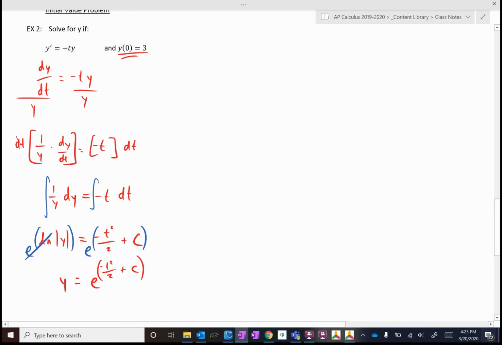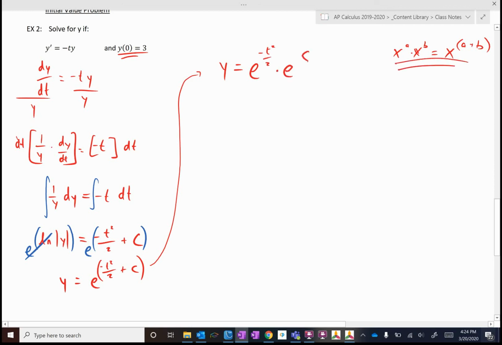When I multiply like bases, that means I add exponents, which means if I'm adding the exponents, I've really multiplied like bases with these two separate terms as the powers. So e to the negative t squared over 2 plus c could be rewritten as e to the negative t squared over 2 times e to the c, using my like base property.